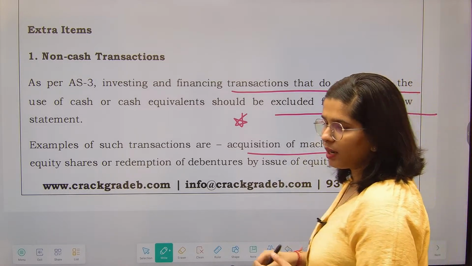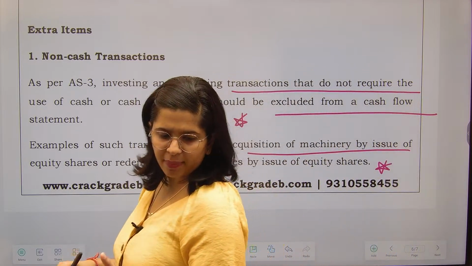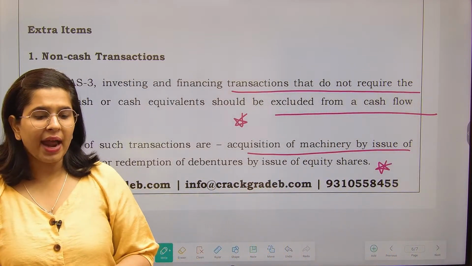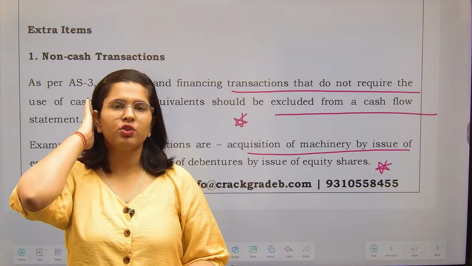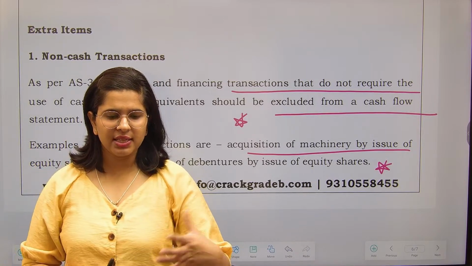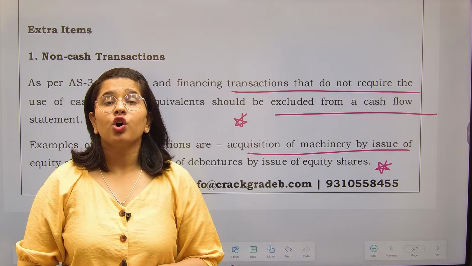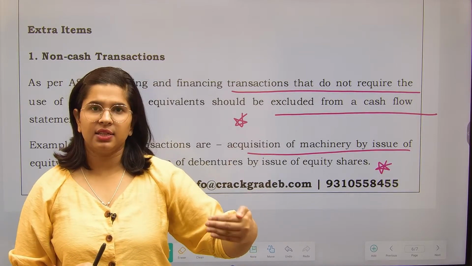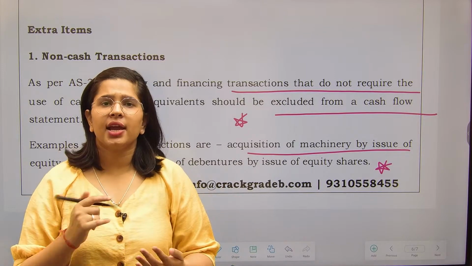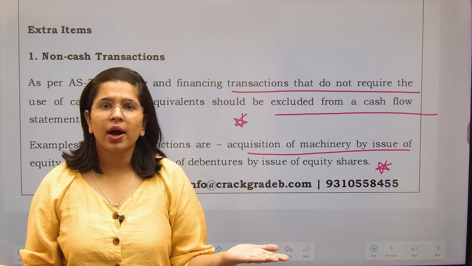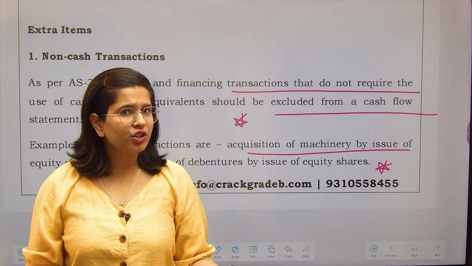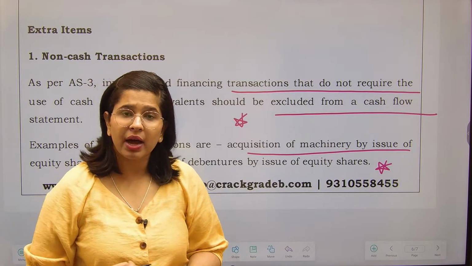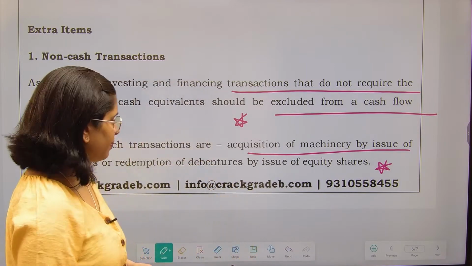Maturity of debentures came, and you had to pay cash to them, but you said that don't take cash, take these equity shares. So redeeming the debentures should be a financing activity, ठीक है? लेकिन आपने इसके लिए shares दे दिए, so कोई cash तो हुआ ही नहीं. There is no transaction in cash, hence it will not form part of my cash flow statement.